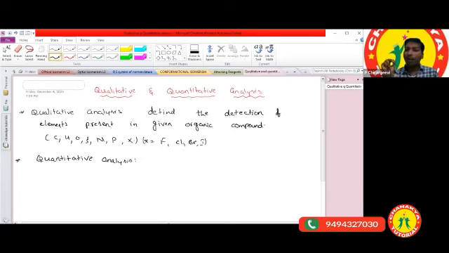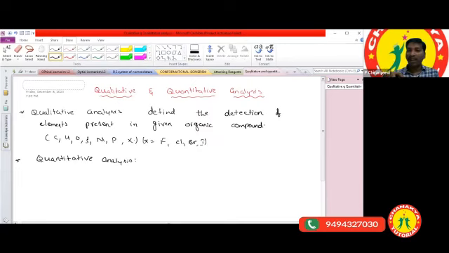Every organic compound contains a particular amount of carbon, oxygen, hydrogen, sulfur, phosphorus, nitrogen and other elements. That particular amount is what we call quantitative. The amount of the elements present in a given organic compound is called quantitative analysis.